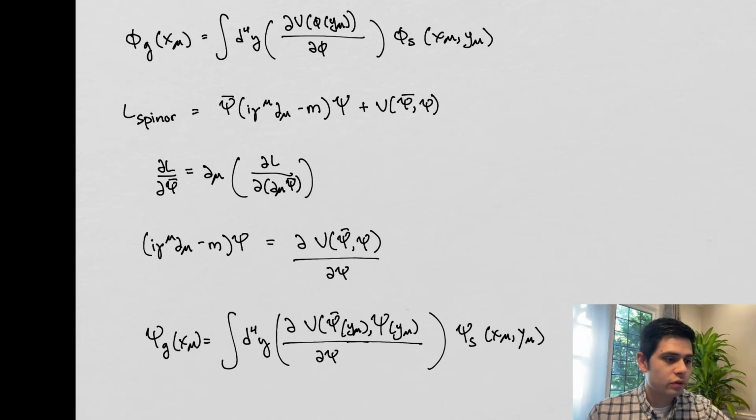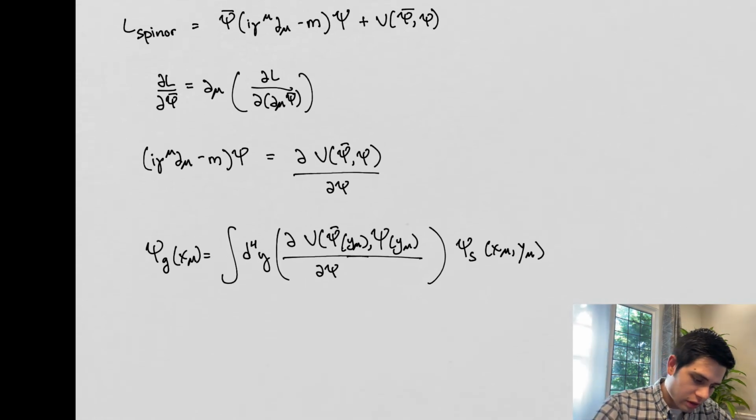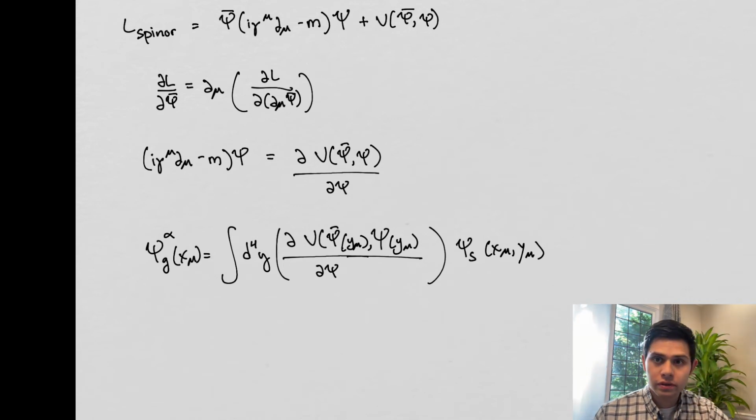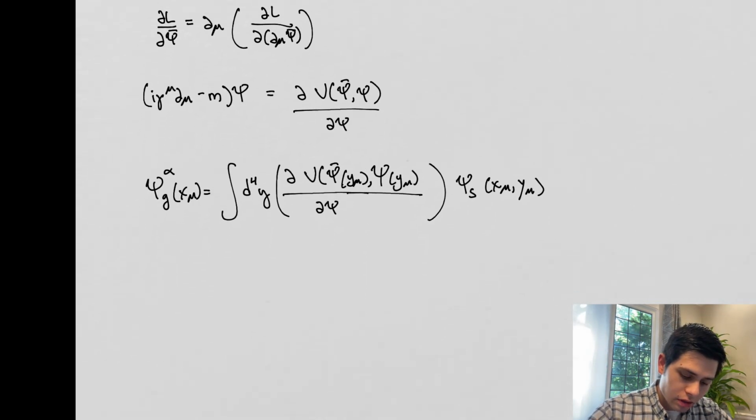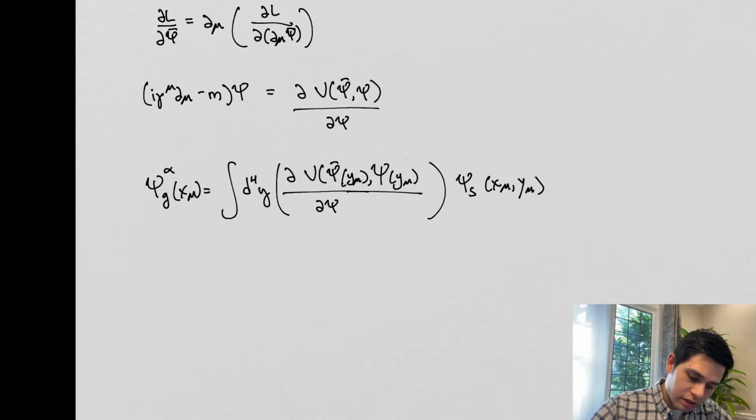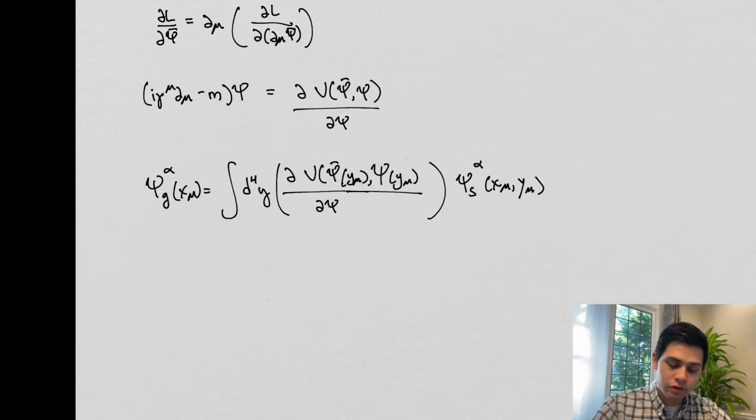And what we can do now is we could say, well, if these are spinors, then that means this here has components to it, right? Because this is a Dirac spinor. It's a 4-component object. This, therefore, has to have components to it also.